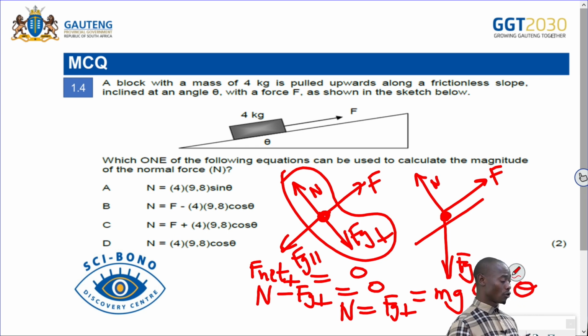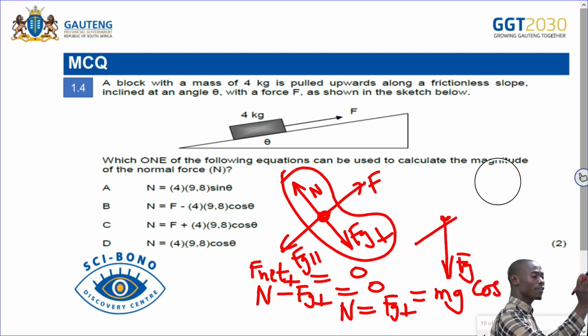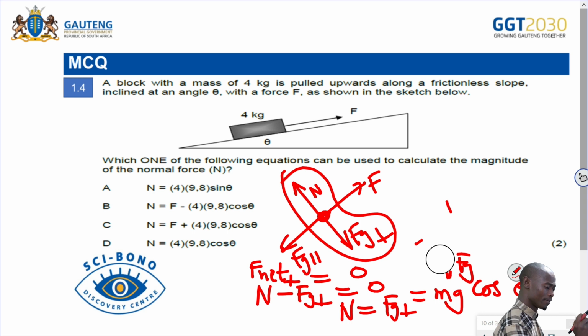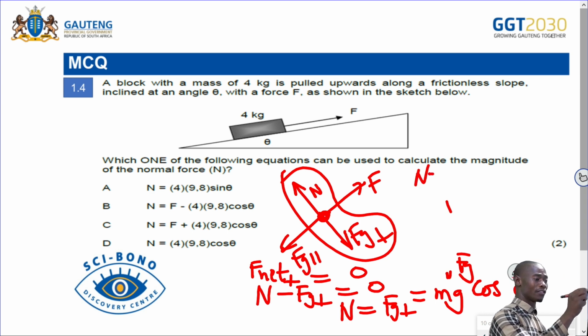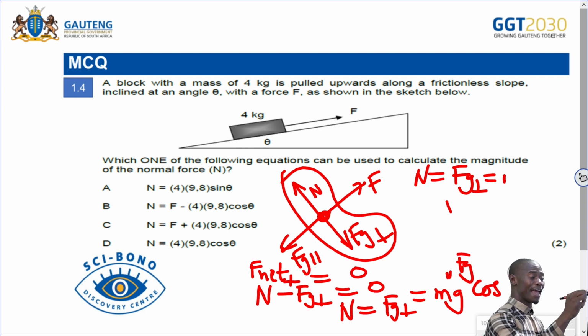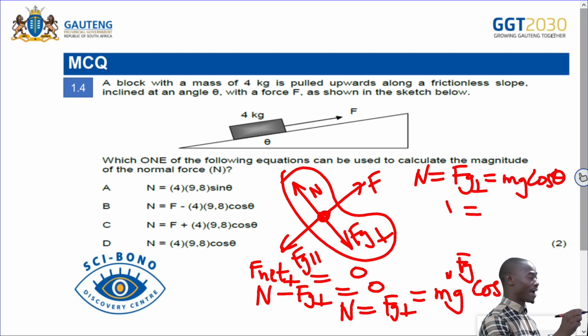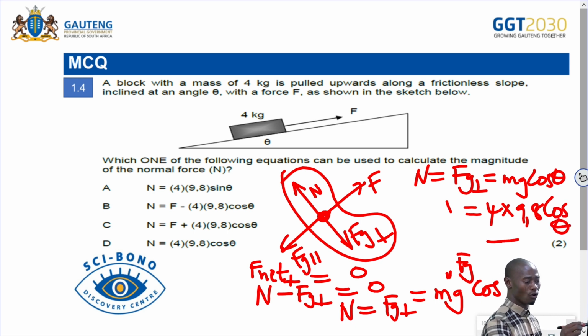So if it's mg cos theta, the normal force equals Fg perpendicular, which equals mg cos theta. So what is our m? In this case, we're given m as 4, and then this is going to be 9.8, and then cos theta. Are we given the angle? No. So cos theta.